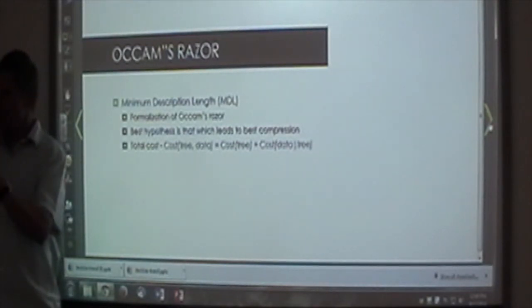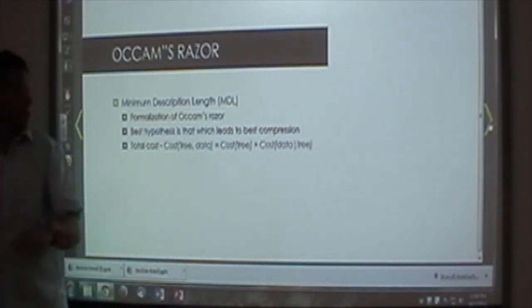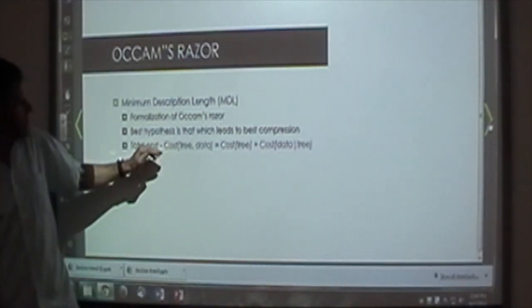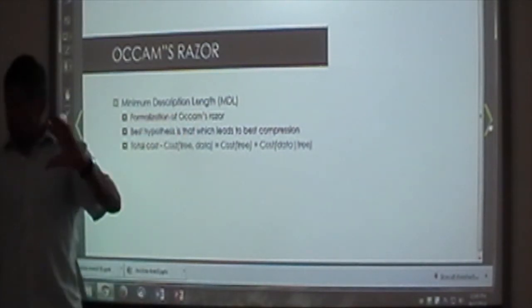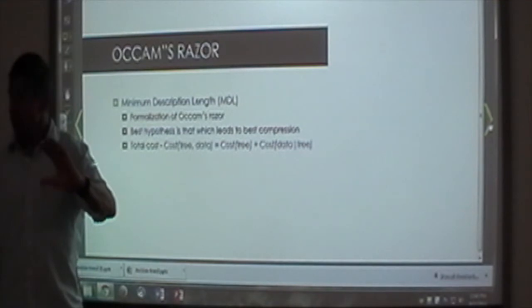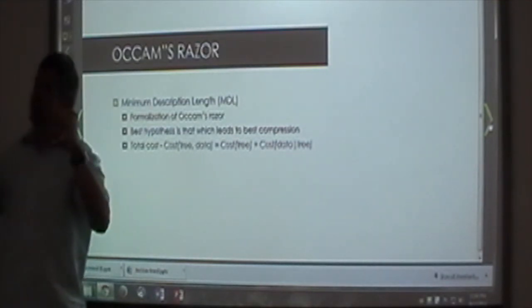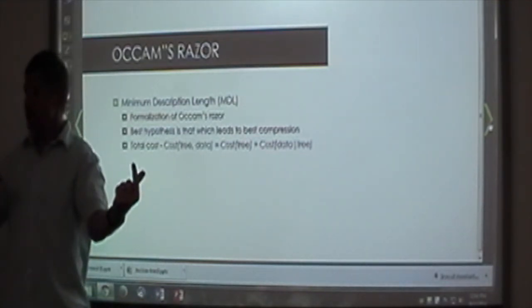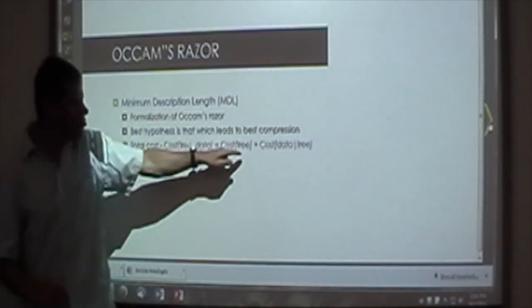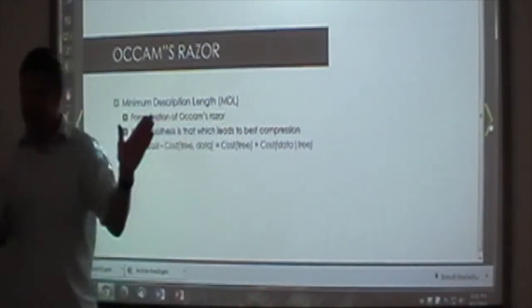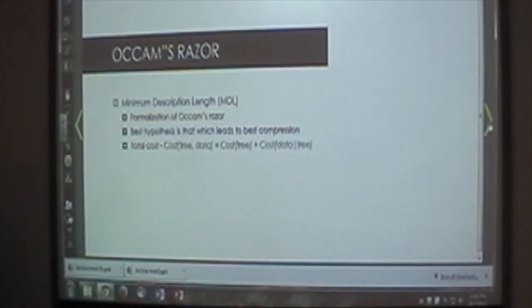So it breaks it up into two parts. So your total cost is the cost of your decision tree and any errors in your measurements, right? So the data goes in there. So it's the cost of the tree plus the cost of your particular data given the tree that you developed.